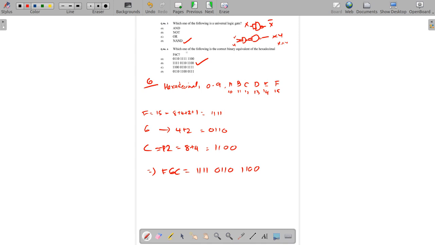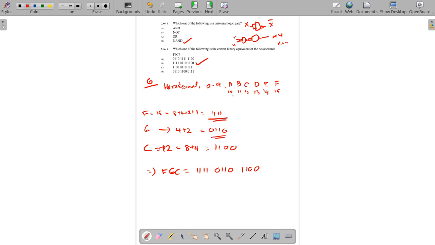So question number 6: which one of the following is the correct binary equivalent of the hexadecimal? Hexadecimal is base 16 numerics. From 0 to 9, after that you have 10, 11, 12, 13, 14, 15 corresponding to A, B, C, D up to F. So F is basically 15. 15 is 8 plus 4 plus 2 plus 1, which is 1111 in binary. 6 is 4 plus 2, which corresponds to 0110.